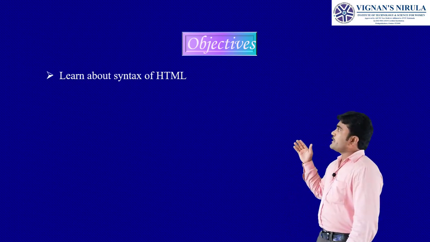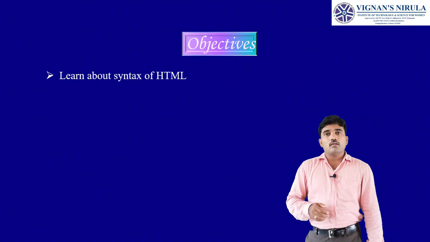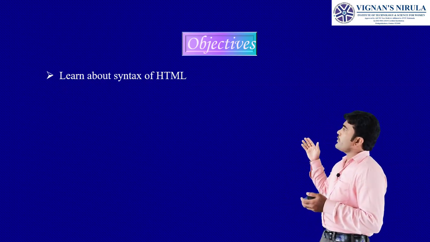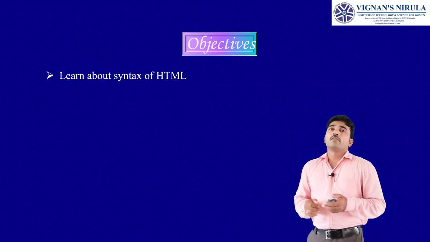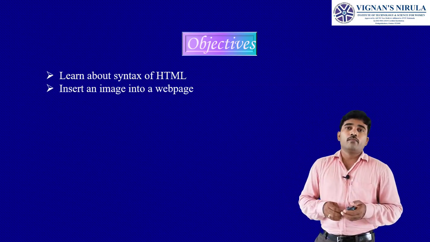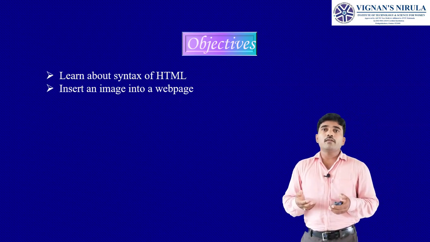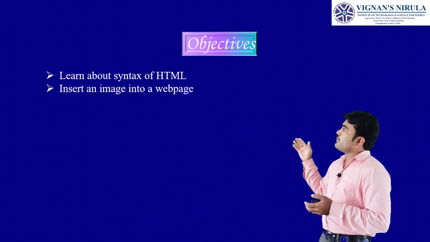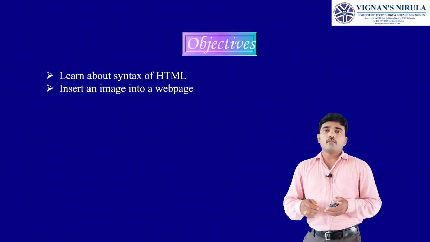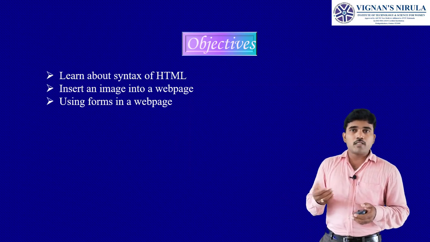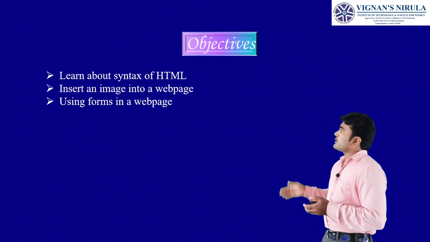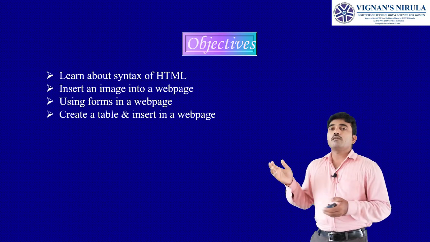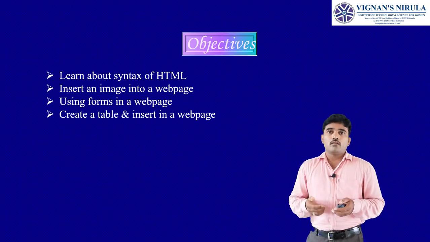So, what are the objectives related to this Unit 1? First, you are going to learn the basic syntax of HTML, how to write an HTML document. Another one is how to insert an image into your HTML using the image tag. The next objective is how to use forms in a web page.